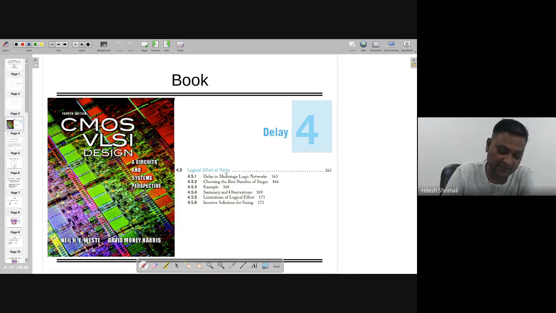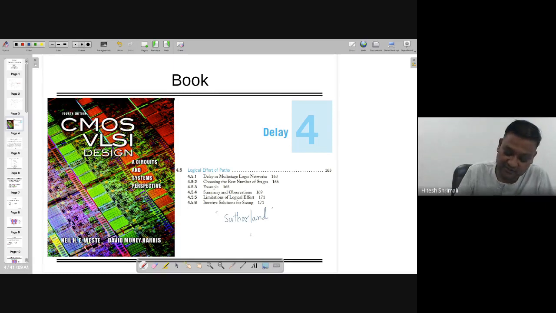If you want to understand this, there is another book which has only logical effort. It's known as Sutherland. By the way, this is the gentleman who gave the approach of logical effort, and it is also known as the Sutherland approach. So some people name it after him. His book is also available.